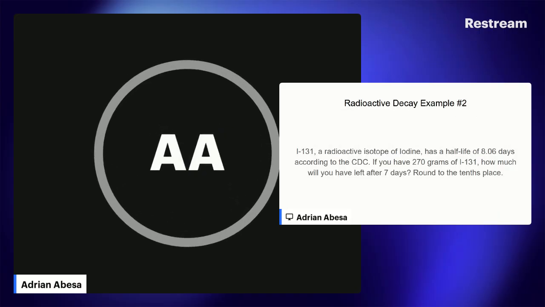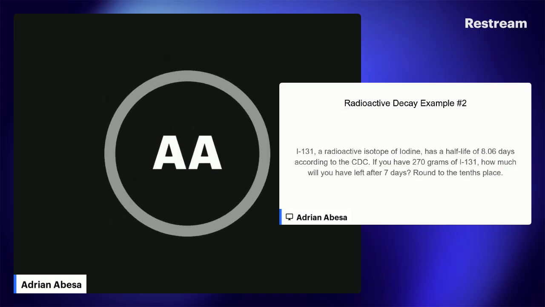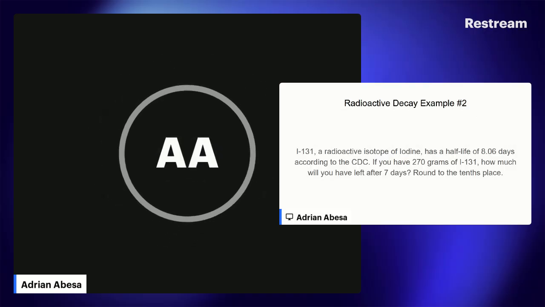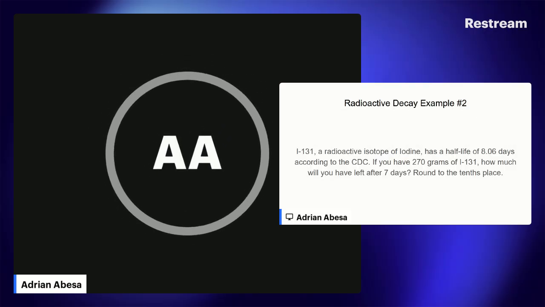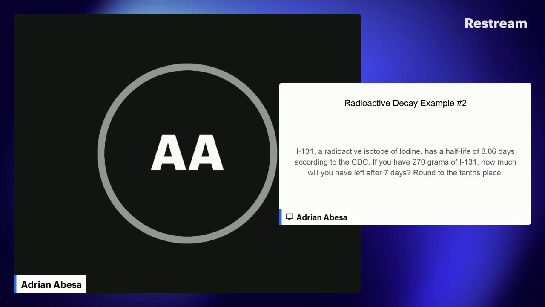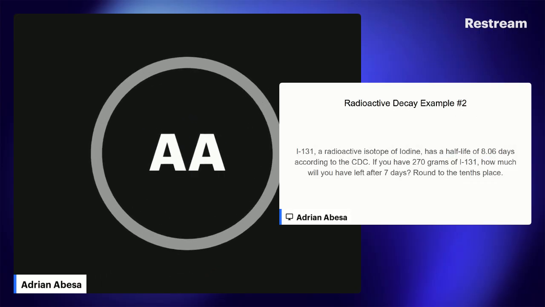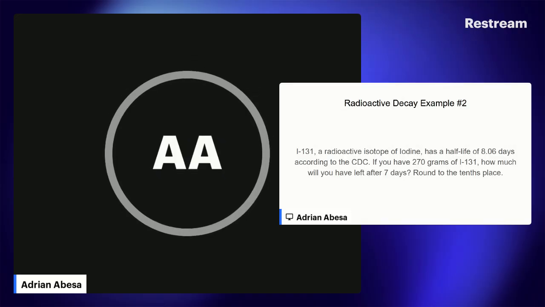Now let's use a more realistic problem. So these are using real values that you may find in this field if you're in the chemistry field maybe. So iodine 131, which is a radioactive isotope of iodine, has a half-life of 8.06 days according to the CDC.